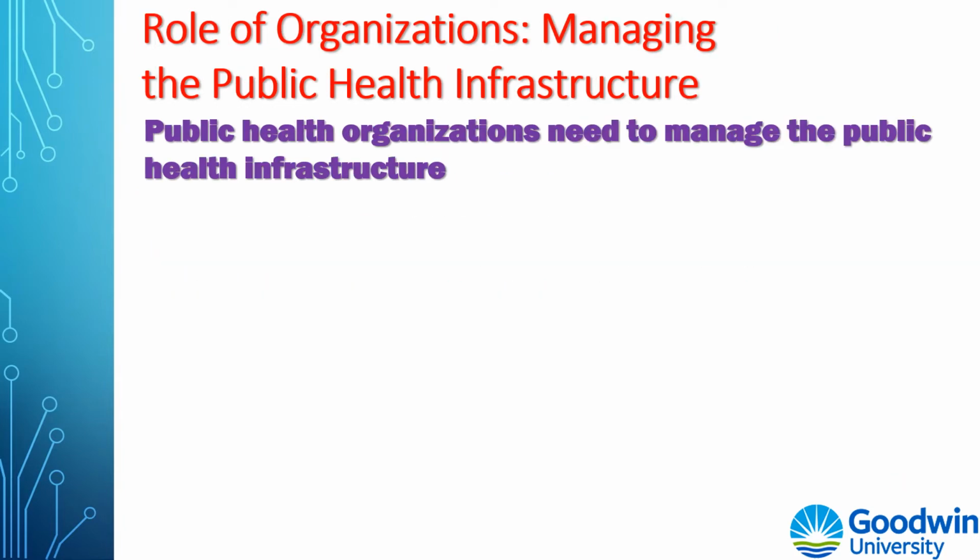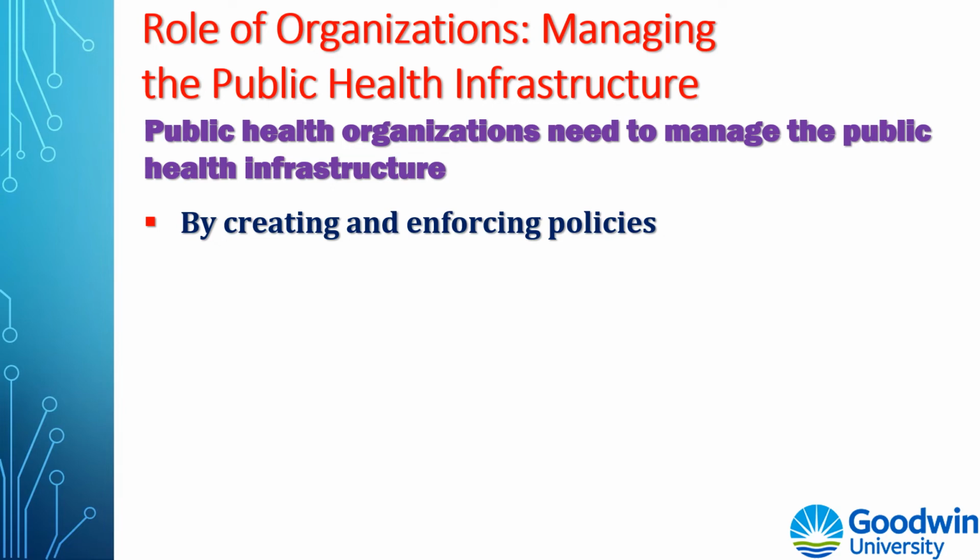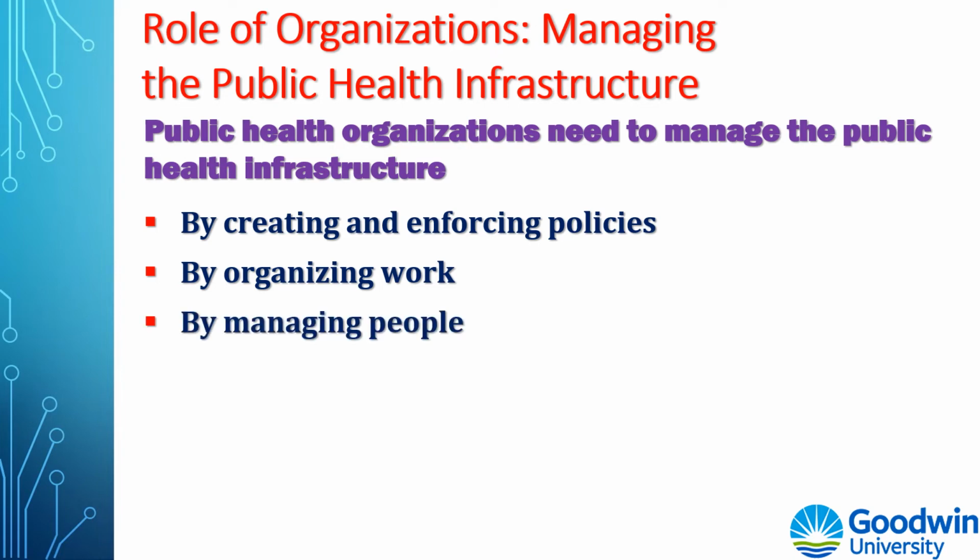Okay. Public health organizations need to manage public health infrastructure. So you need to create and enforce policies. By organizing work, public health organizations define business processes that drive public health infrastructure. By managing people, public health organizations define how and when workforces can access and use public health information.